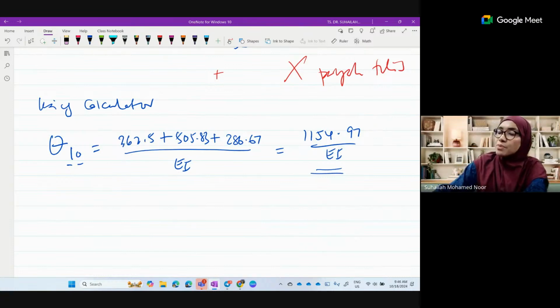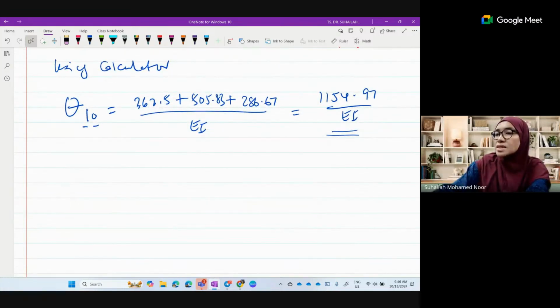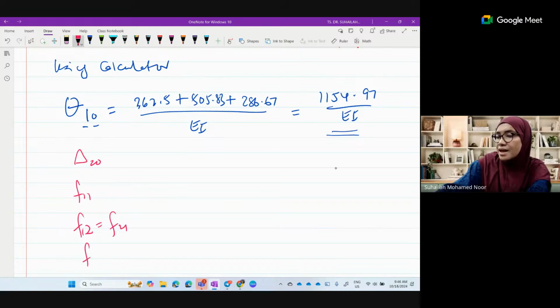Okay, so repeat the same process sampai kita dapat all 6, tapi dia F12 dan F21 sama nilai kan. Okay, so teruskanlah dengan delta 2 naught, F11, F12 equal to F21 dan F22.